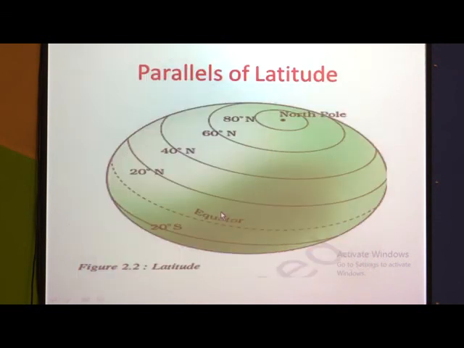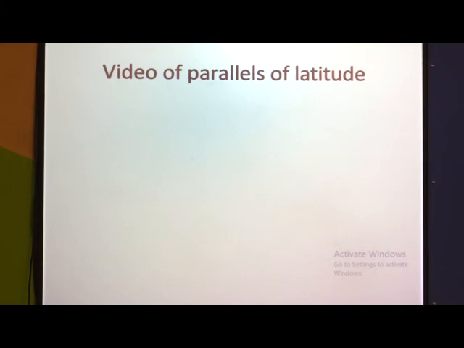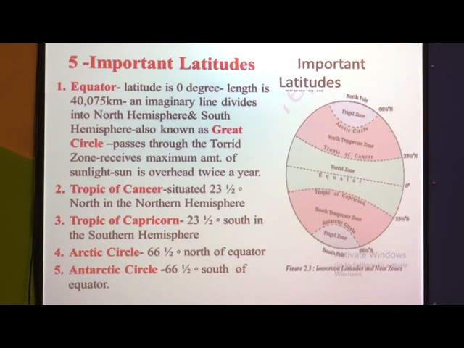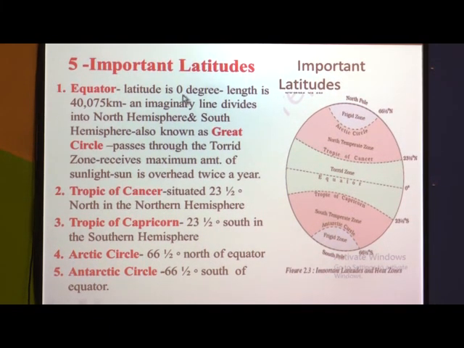Then we have seen the diagram of parallels of latitude. We have seen the video. Again we have seen the 5 important latitudes: the equator, Tropic of Cancer, Tropic of Capricorn, Arctic Circle and Antarctic Circle. These are the 5 important latitudes.